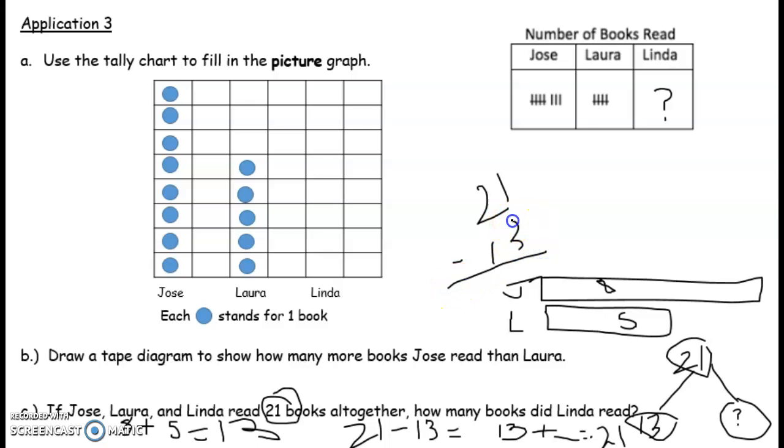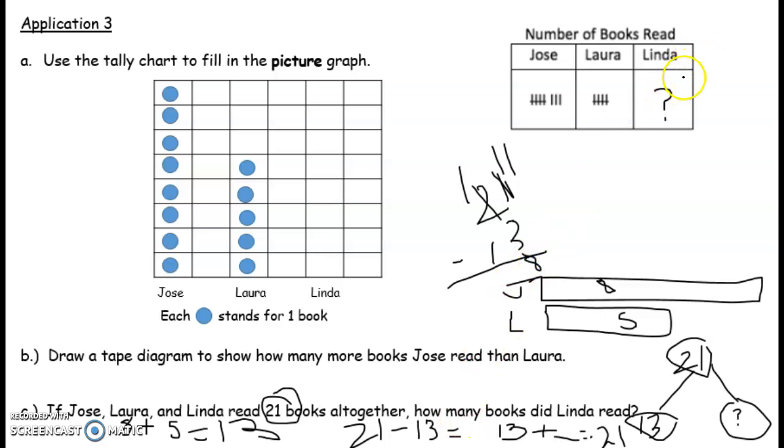And here you always start in the ones place. Do I have enough ones to subtract 1? To subtract from 1? No. So I'm going to have to decompose. This becomes 1. This becomes 11. And now I have 11 minus 3. What is 11 minus 3? Yes, you got it. It's 8.